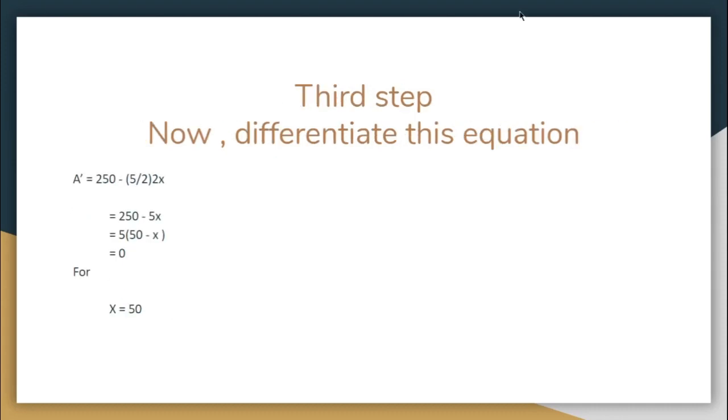Third step, now differentiate this equation. A prime equal to 250 minus 5x, then we get 5 times (50 minus x), then we get 0 for x equal to 50.